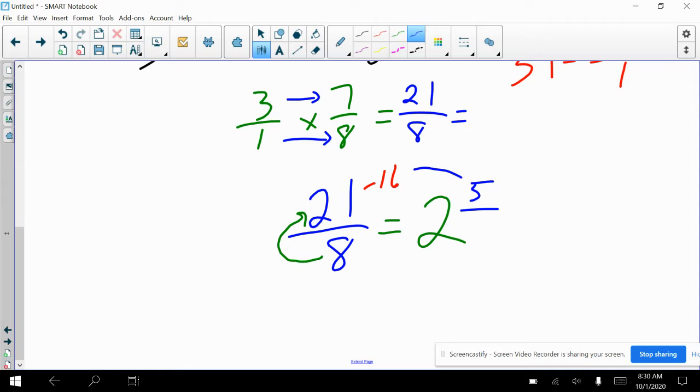That is my new numerator. What's my denominator? My denominator is never going to change. If I have 8 parts to make a whole, it's going to be 8 parts consistent throughout the problem.